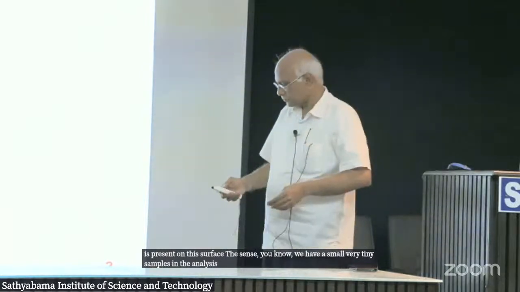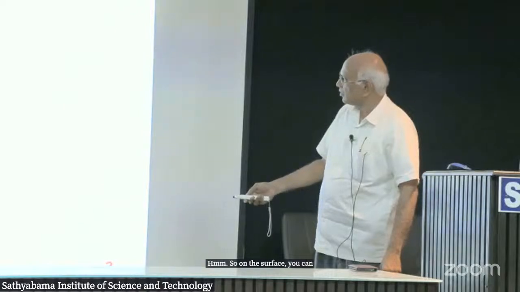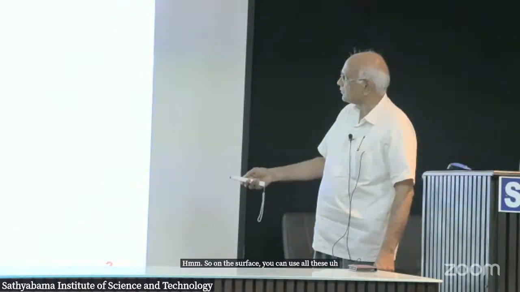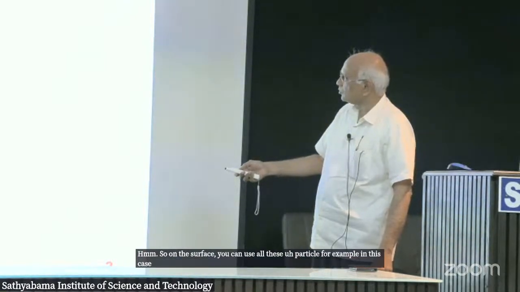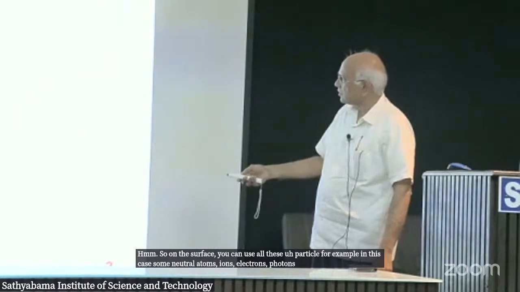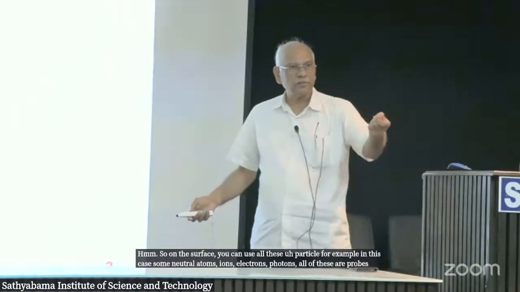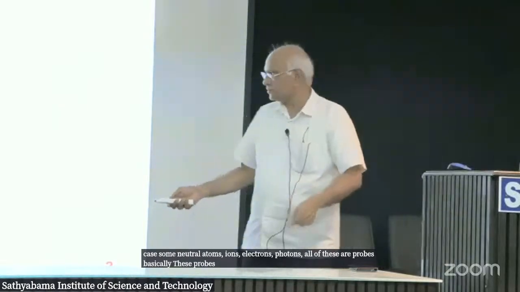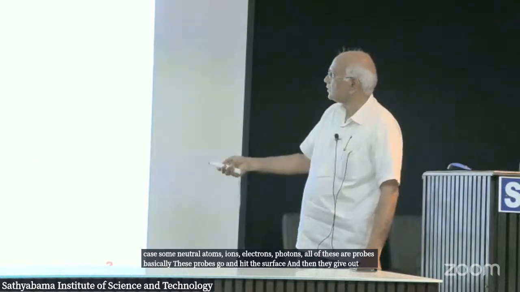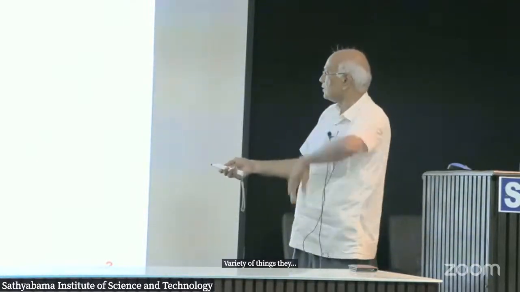On the surface, you can use all these particles, for example neutral atoms, ions, electrons, photons. All of these are probes. Basically, these probes hit the surface, and then they give out a variety of things as they come out of the surface.